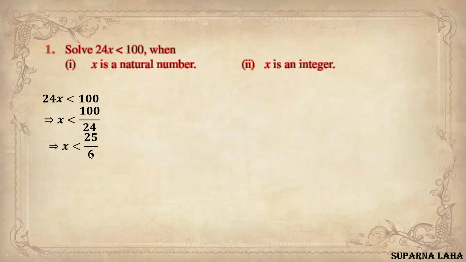Now, if x is a real number, then we can plot it on the number line. So if we plot it, it will look like that. This 25 by 6 is 4 point something, it will be here. So except this point, look here, the less than sign is there. So that means except this point 25 by 6, all the elements before it, that are smaller than it, we will consider in the solution set.